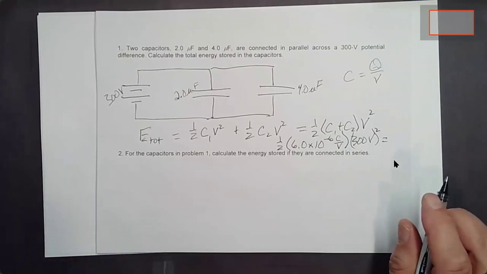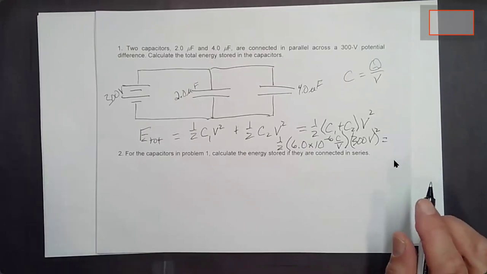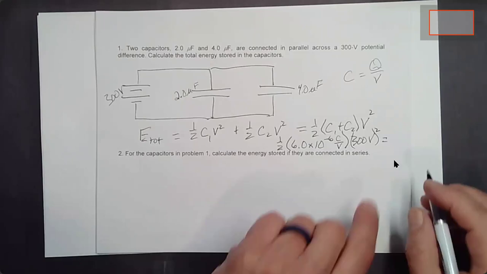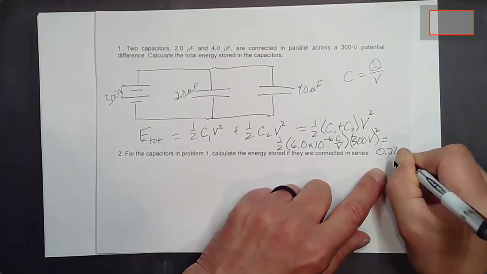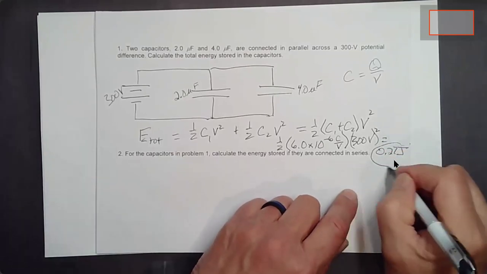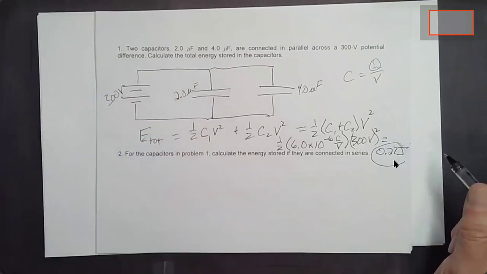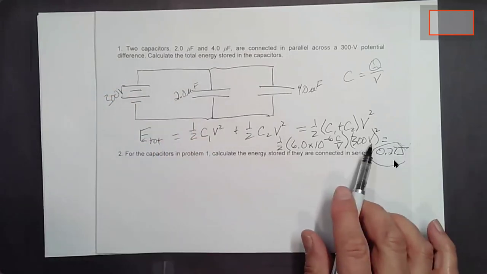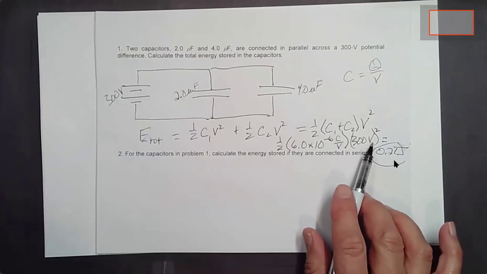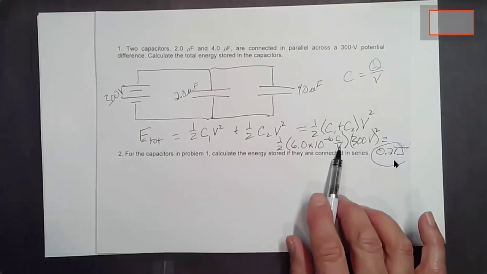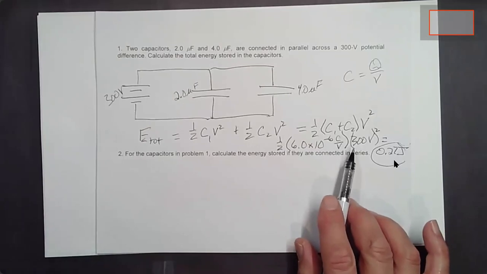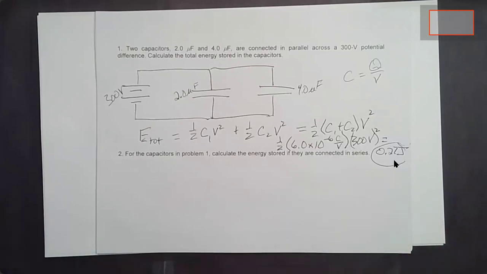Oh, I get 0.27 times 10 to the minus 1. I multiply by 0.5. Yep. 0.27 joules, or 0.3 joules. Work a little bit to convince yourself that the units come out. Remember, a volt is a joule per coulomb. Actually, we'll have volts squared, but that divides with that volt to give me coulomb volts, which just gives me joules.